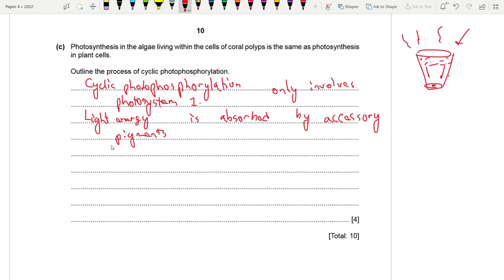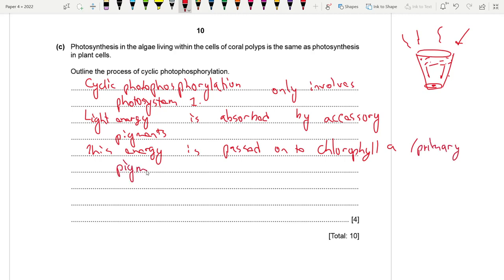They pass the energy onto the reaction center. So this energy is passed onto chlorophyll A, or you could say it's passed onto the primary pigment or the reaction center. Anything works.